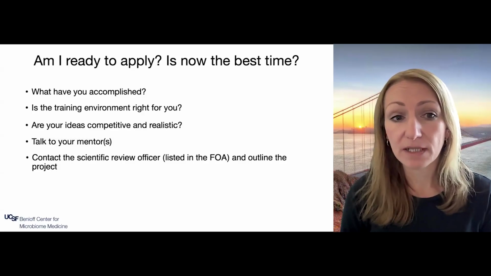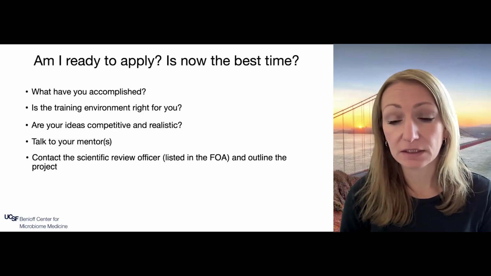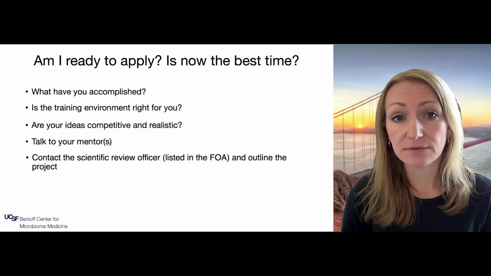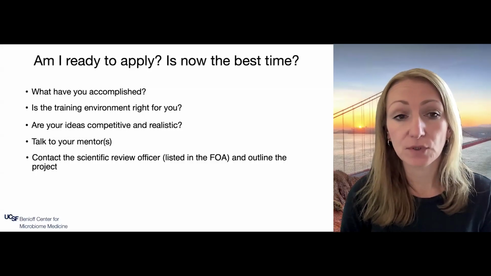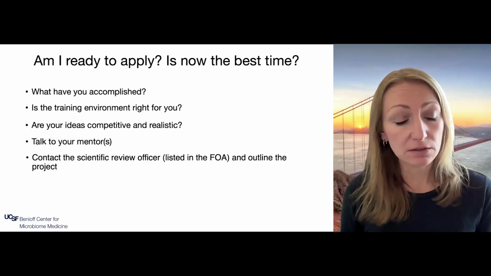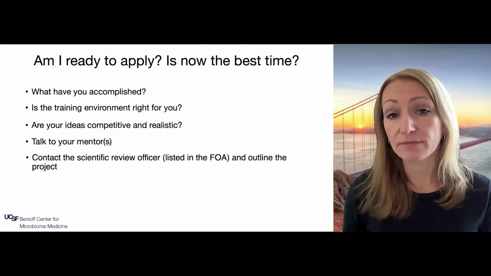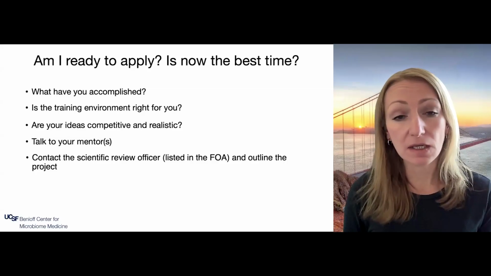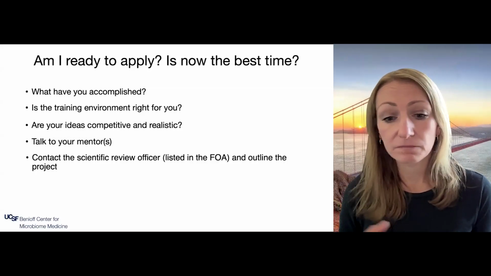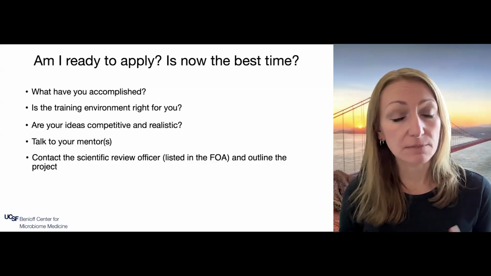But in addition to your mentor, who is instrumental in this application process, you can also contact the scientific review officer for that application and outline the project with them. It could be in the form of a very rough draft of your specific aims and say, hey, do you think my research really is tailored to this application?